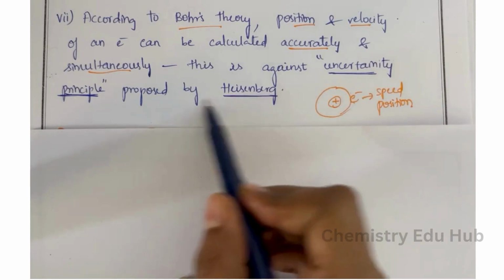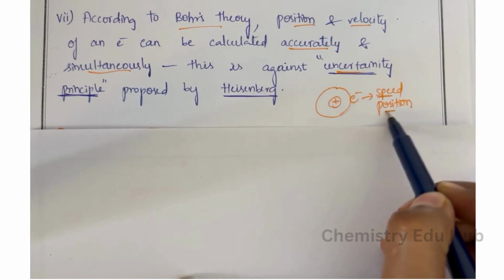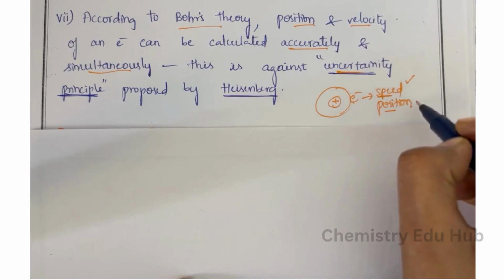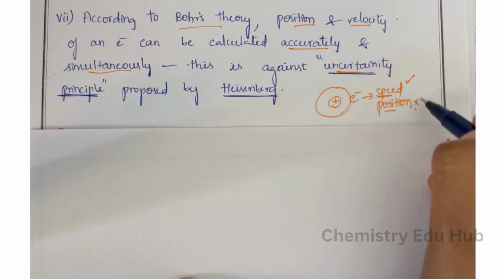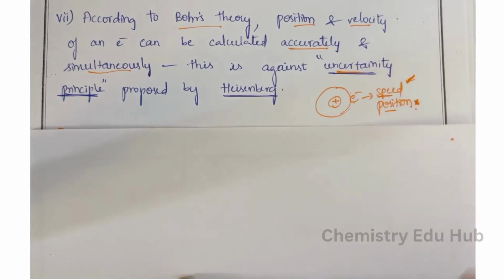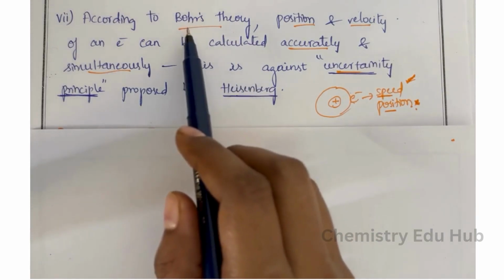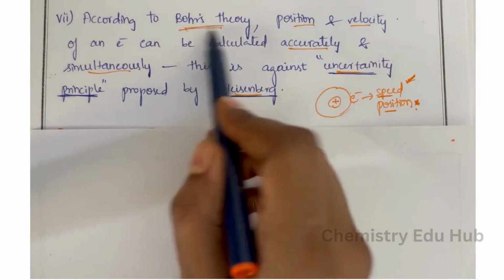But according to Heisenberg uncertainty principle, we cannot find the position and speed of an electron together. That means you can find either the speed or the position, but not both simultaneously. So this is a contradiction of the Heisenberg uncertainty principle. So that's a failure of Bohr.